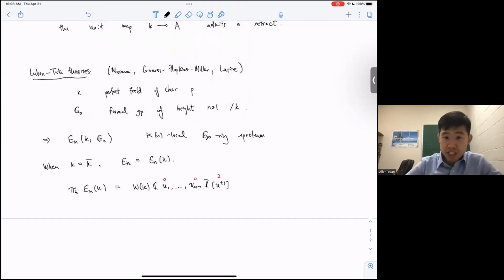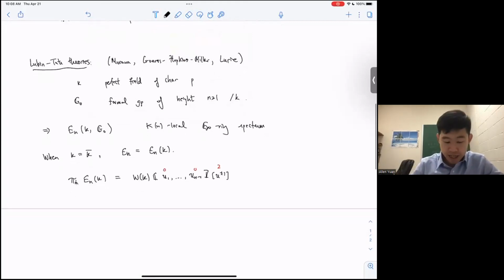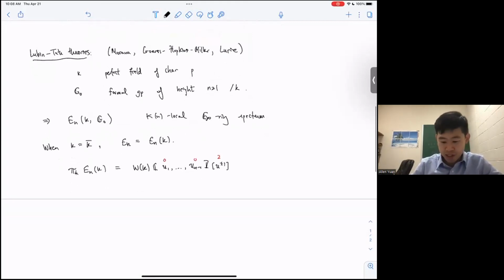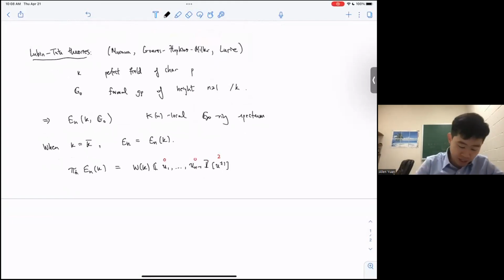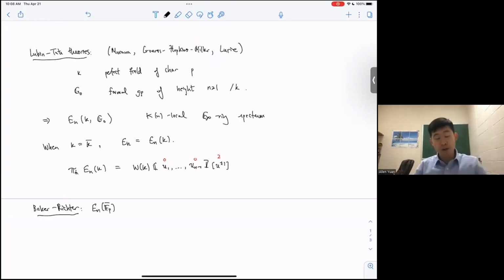And the relationship to sort of the notion of being algebraically closed was, I think, first noticed by work of Baker-Richter. So our work is sort of inspired by that. And what they showed was that if I take the Lubin-Tate theory over F_p bar, then that has a similar sounding property.